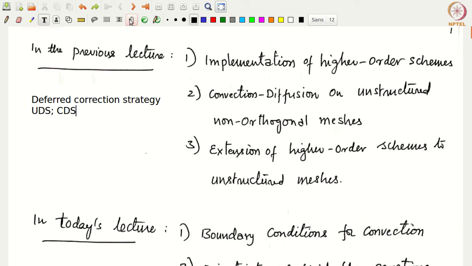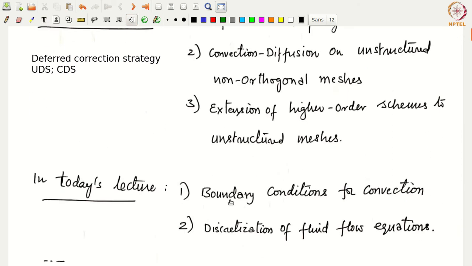In today's lecture, we're going to complete the discussion on convection, because the only thing that is remaining is the boundary conditions for convection. So we're going to look at that, and that essentially finishes the chapter on convection diffusion.